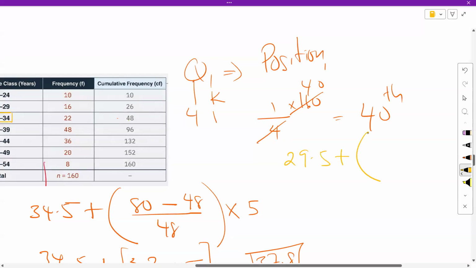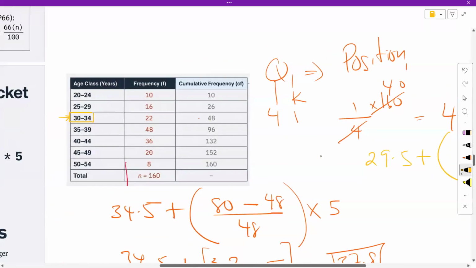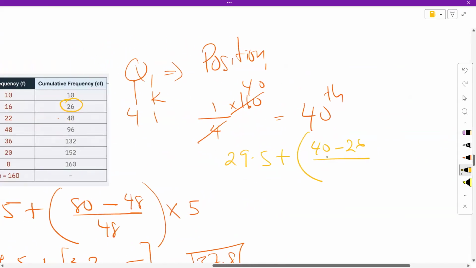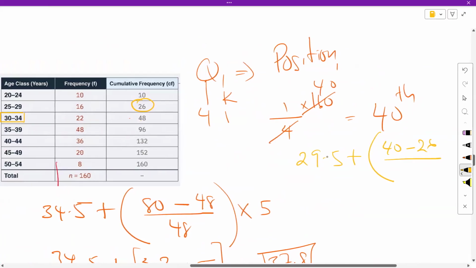29.5 plus, then the cumulative frequency of the previous class. What is that? 26. Here position 40 and 26. And the frequency of the model class, 22, not 28.